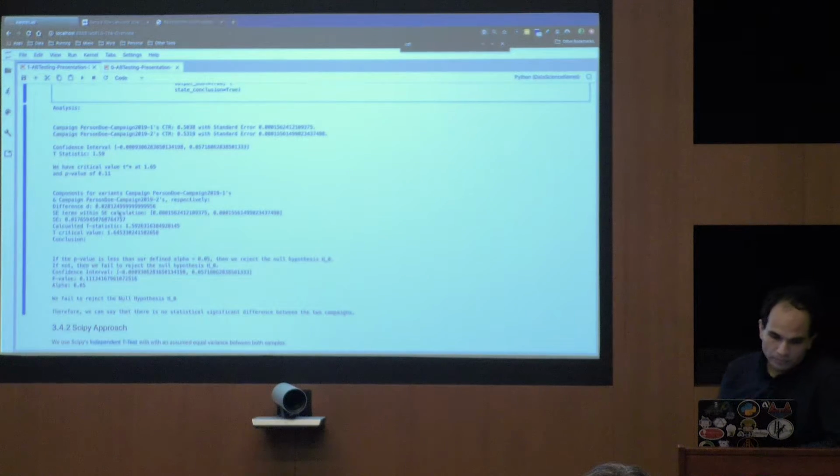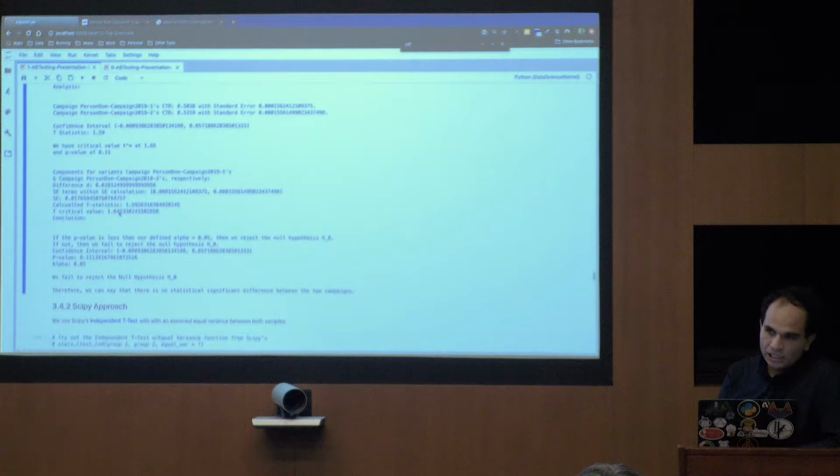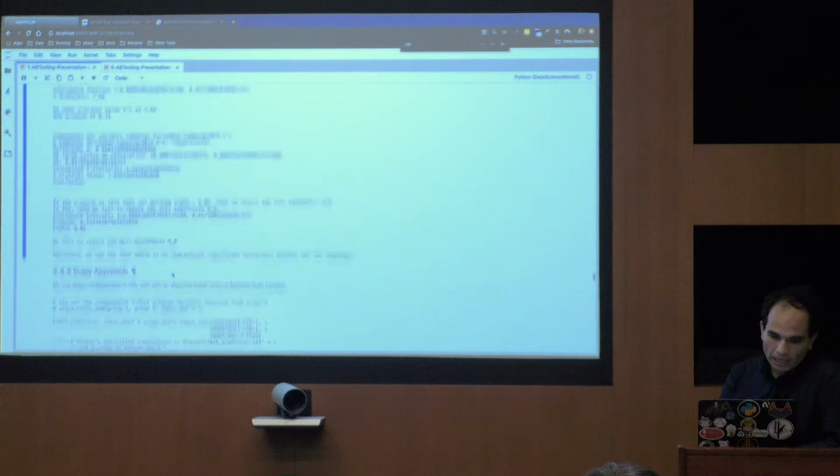As we go about making a decision for this A/B test, we fail to reject the null hypothesis, and you can observe this in 3 different ways.